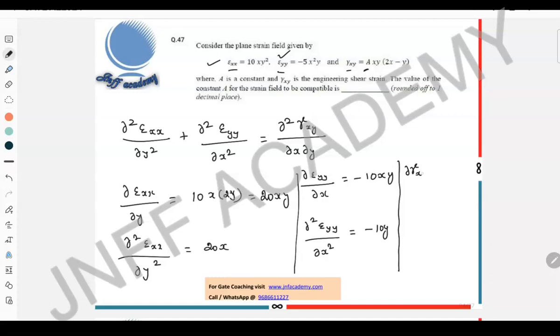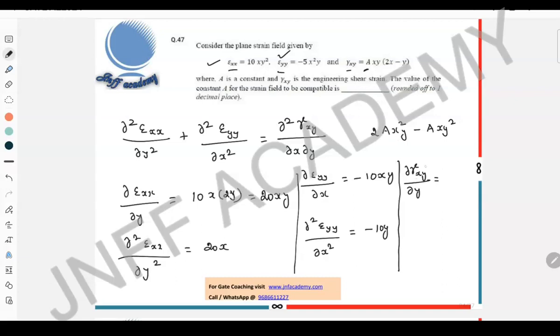Before differentiating, we will expand this: 2a x square y minus a x y square.